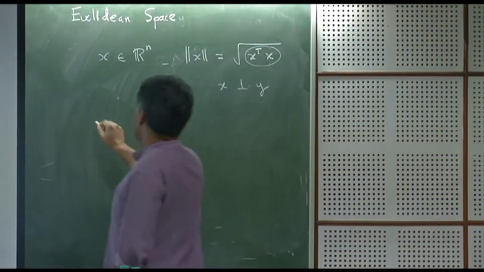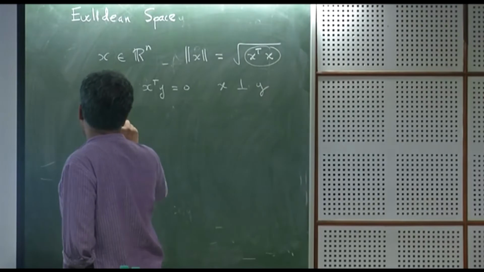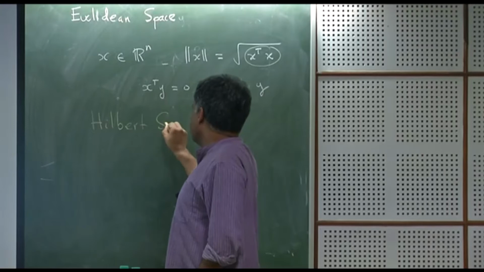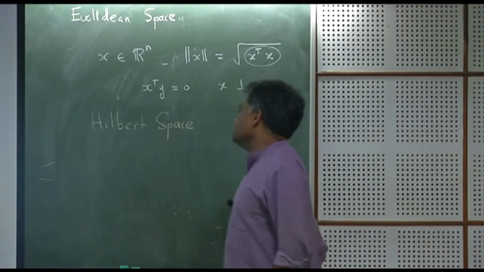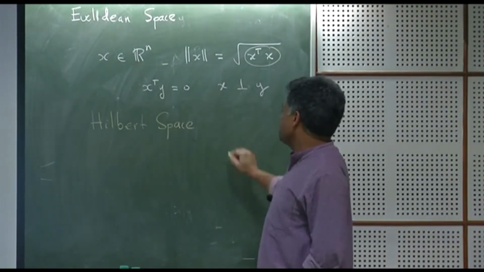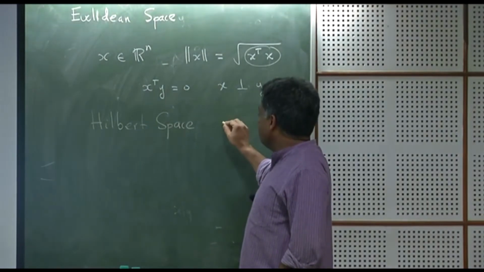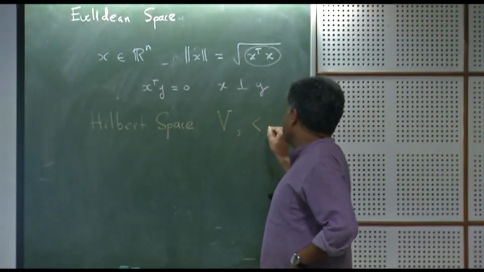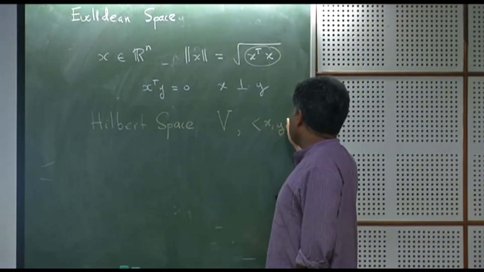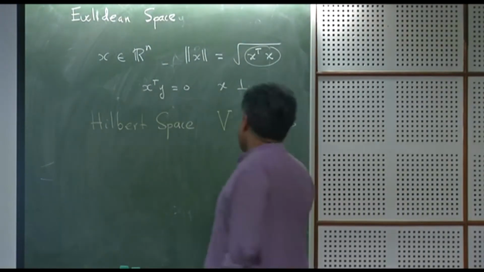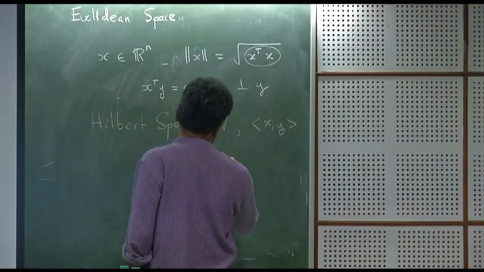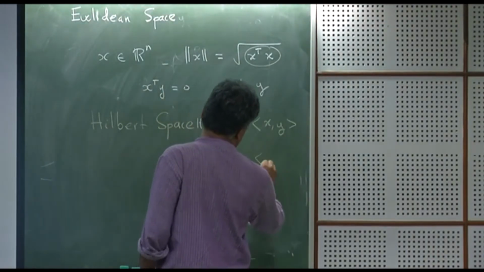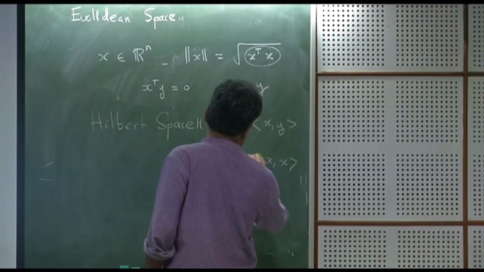So there was a notion, I will not get into the details. There are some more detailed notions that are needed, but for now, we'll just say that a space is a Hilbert space if it has a vector space V, meaning a bunch of vectors, and an inner product <x, y>, and a norm in this space, which is, let's call this H, to be just the square root of the inner product with itself.